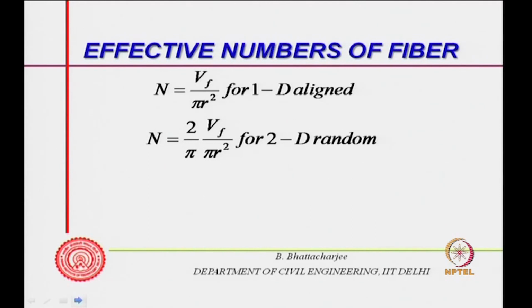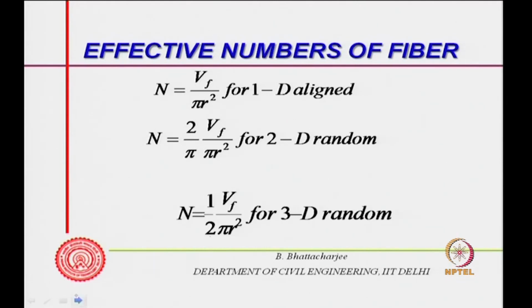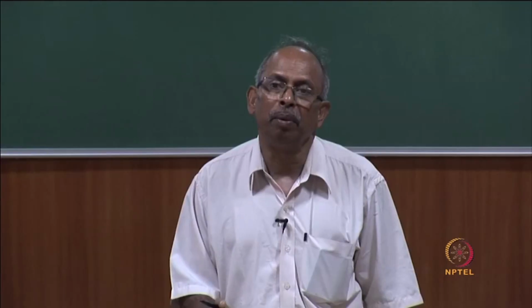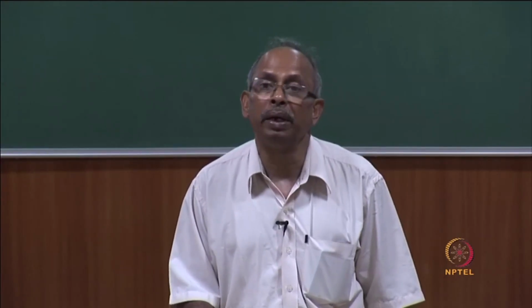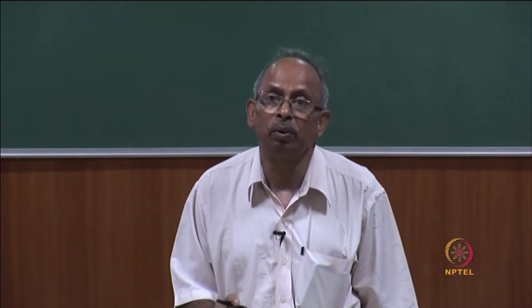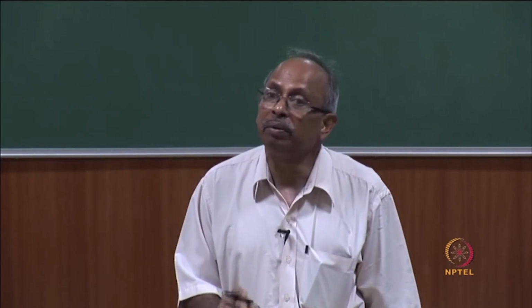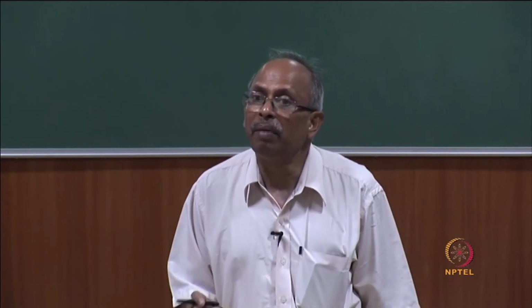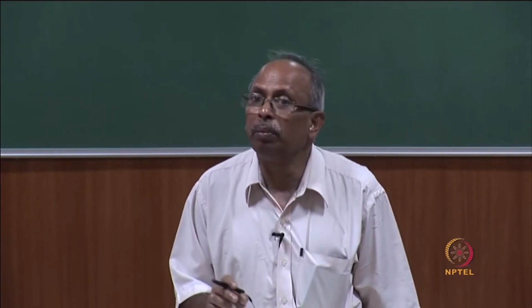So, the number of fibers one can take approximately for short fiber is b f by pi r square for 1D aligned, 2 by pi b f by pi r square in 2D random, and for 3D random one can take approximately the effective number of fibers in 3D random orientation. We have written b f divided by pi r square for aligned fiber, then we have seen if they are short they will not be effective, but we have not talked about the number of fibers.